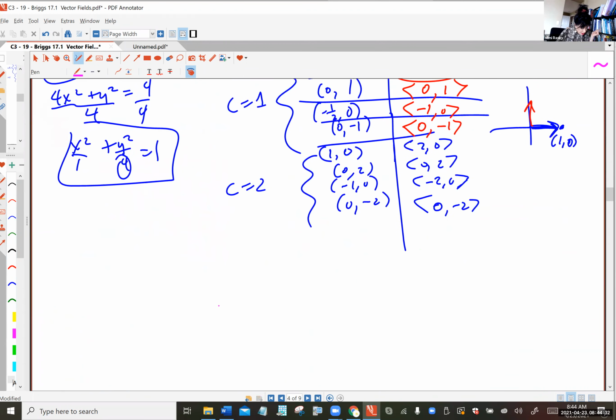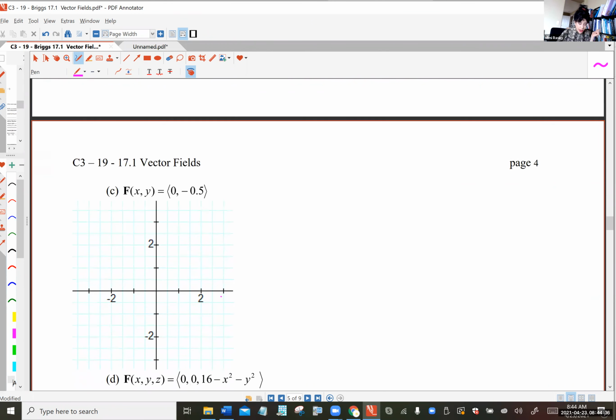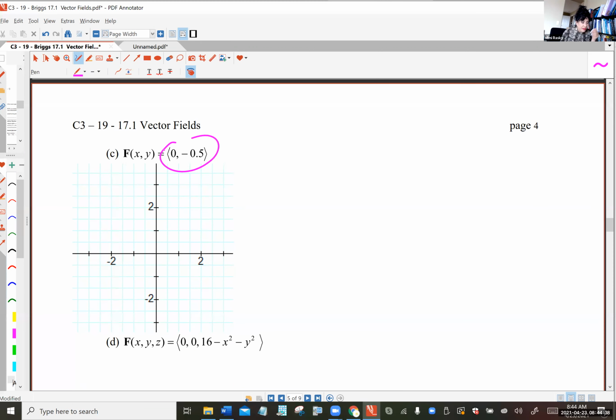Okay. So let's do a super easy vector field that doesn't even require much. This is a constant vector. So I don't even need to do all the hard work for this one. What do you mean? Any point that I choose in the XY plane will have this constant vector (0, -1/2), which is just a downward facing vector that has a magnitude of 1/2.